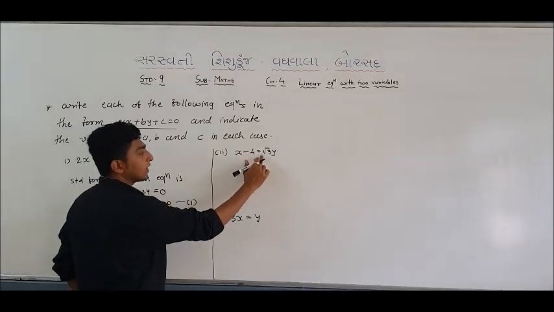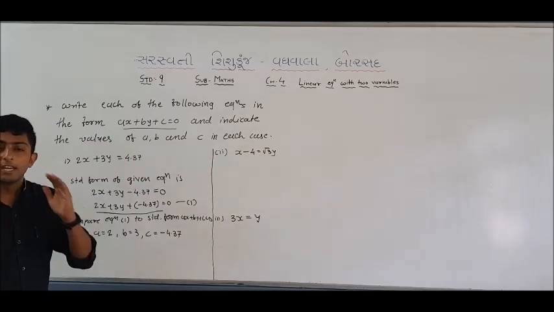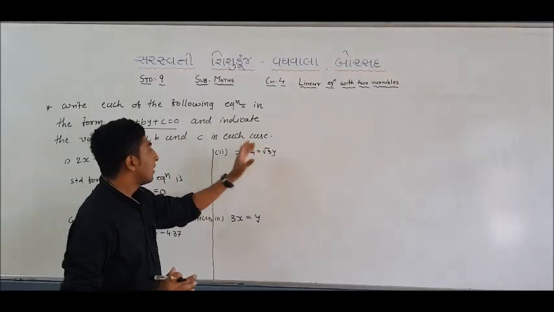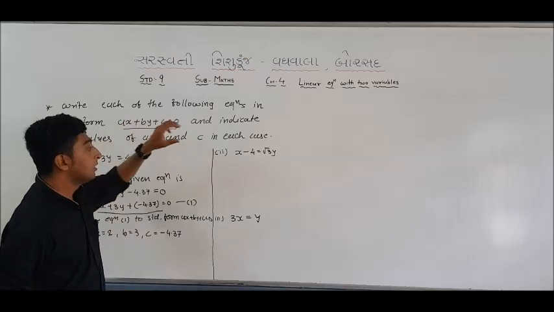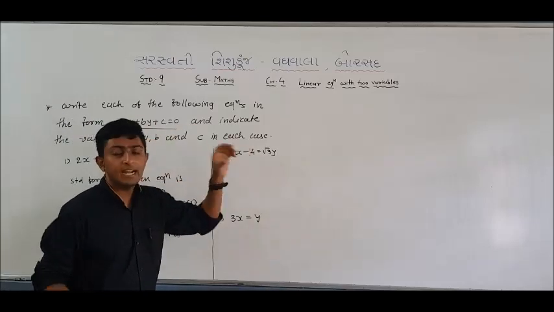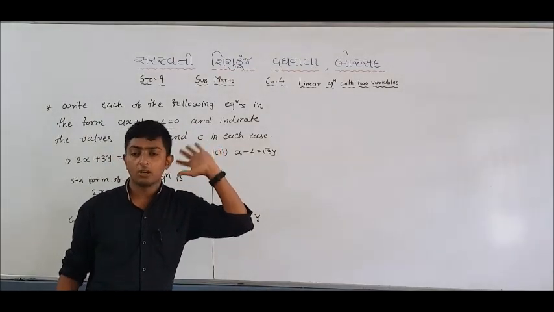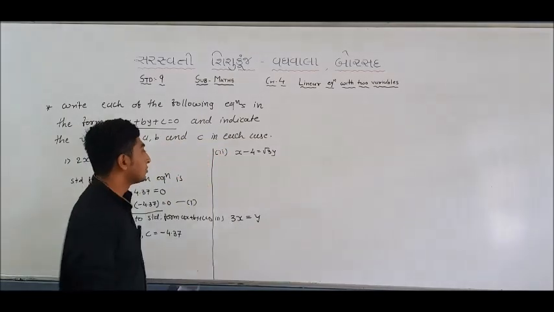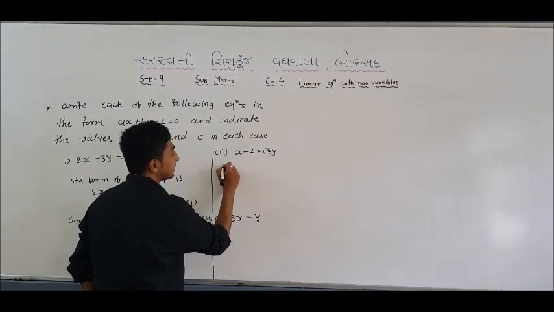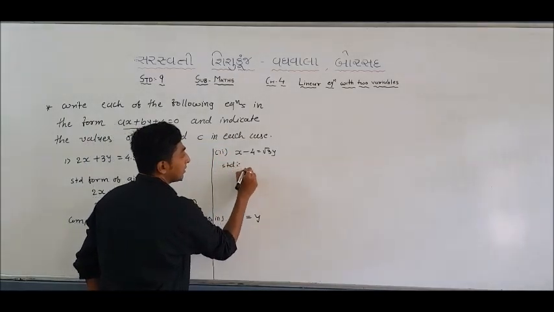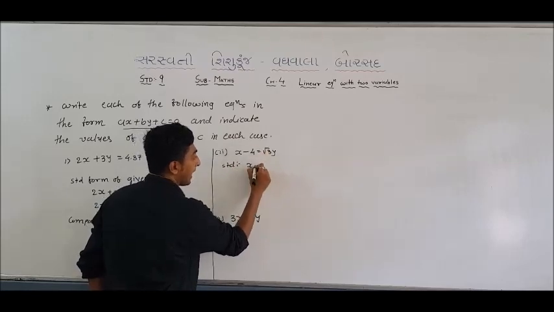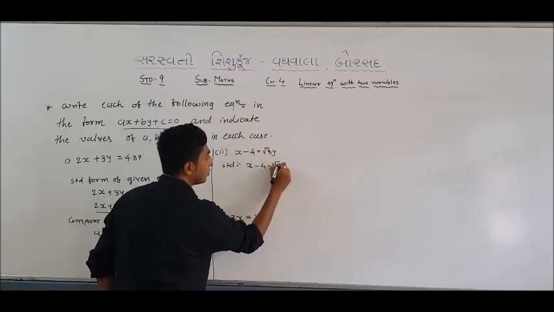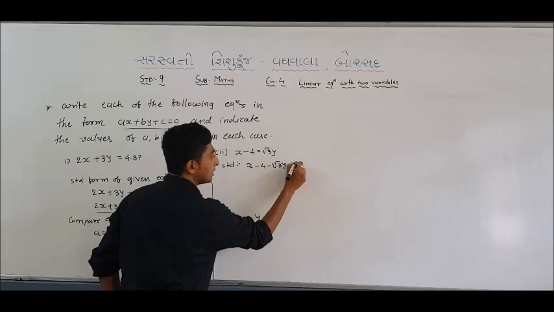x minus 4 equal to root 3y. Remember that in the standard form, right hand side 0 will always be present. So we can write this equation in standard form as x minus 4 minus root 3y equal to 0.